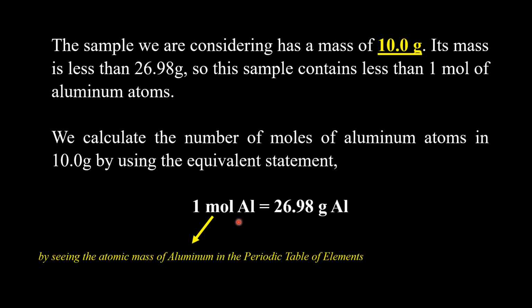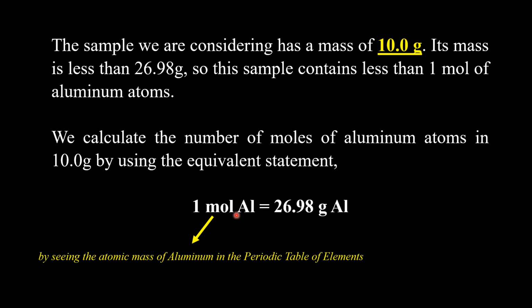For example, naalala nyo kanina sa periodic table, doon natin makikita, we can find the value of atomic mass ng bawat element. Okay? So for the aluminum, try to check that in your periodic table. Aluminum has an atomic mass of 26.98 grams. Okay? So, continue po tayo.